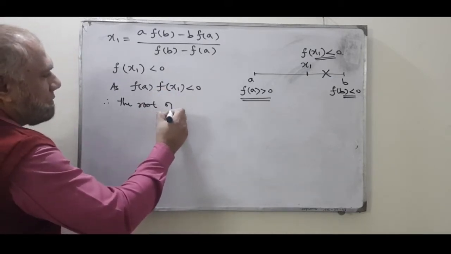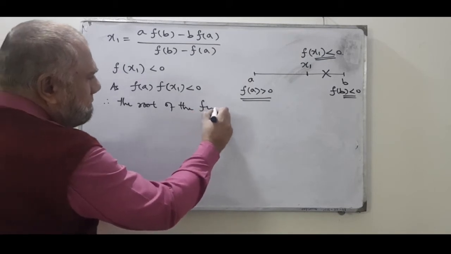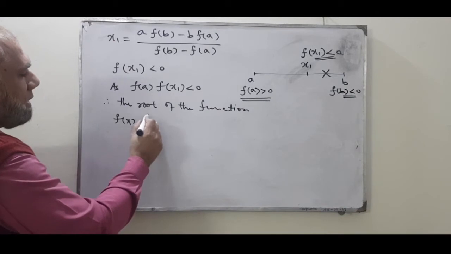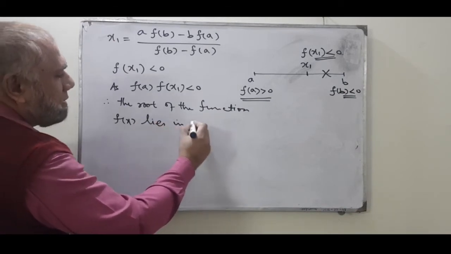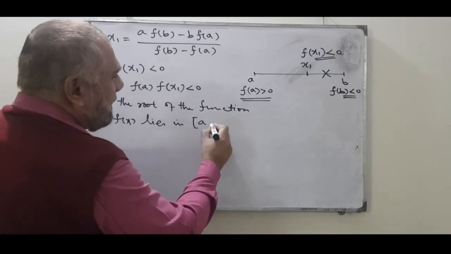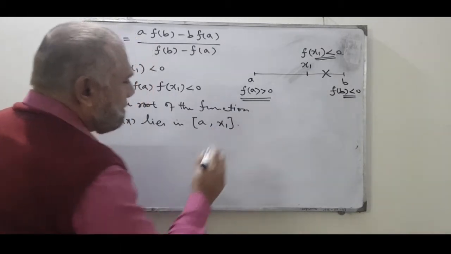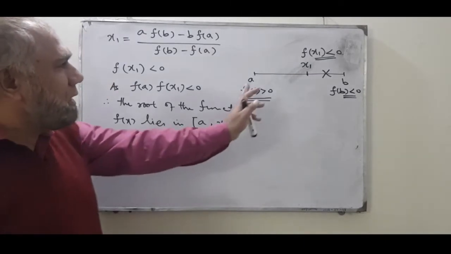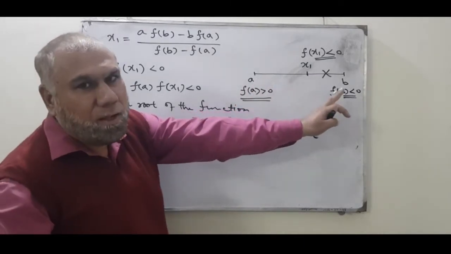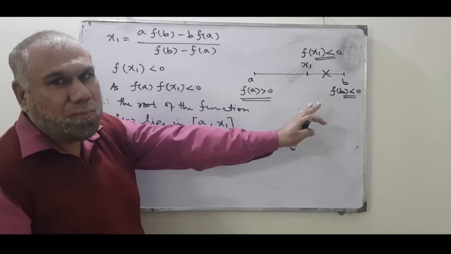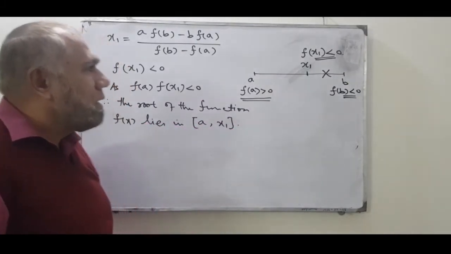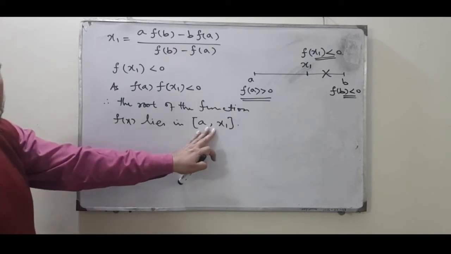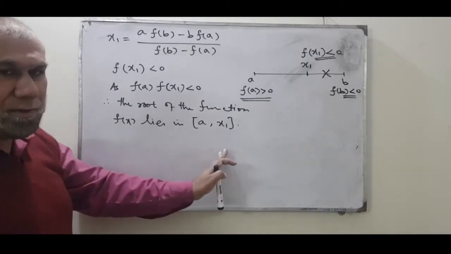Therefore, the root of the function f(x) lies in the new domain, and the new domain is now a to x1. So here you can see the domain has been squeezed. Initially it was from a to b. Now we have discarded a section from the domain and the interval is a bit smaller compared to the previous interval. And here your first iteration completes.